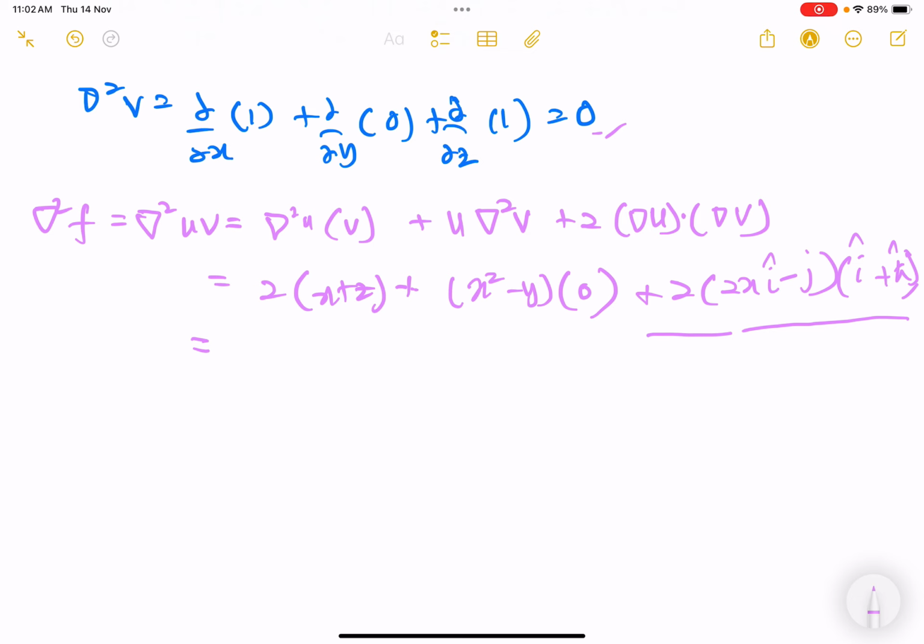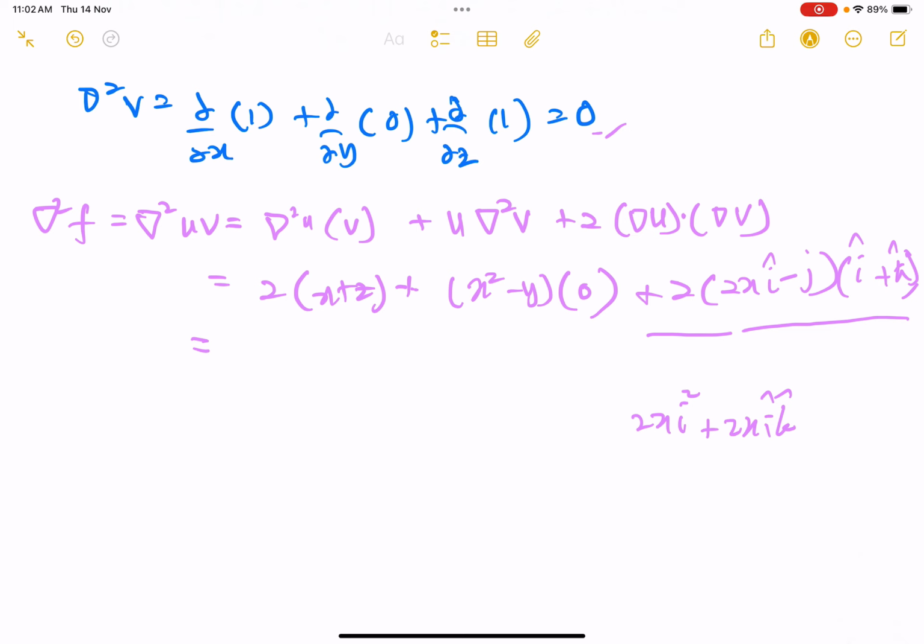Because we have x, 2xig, right, plus 2xik.